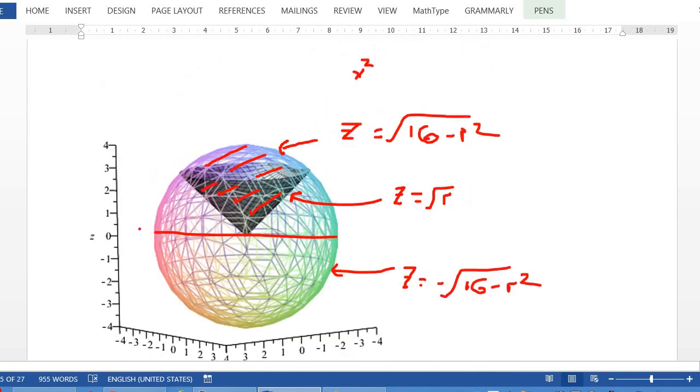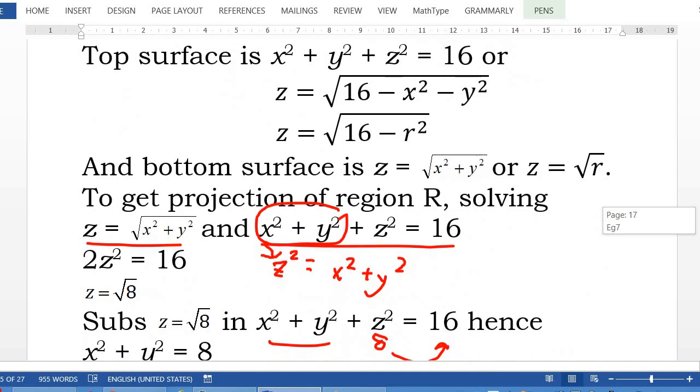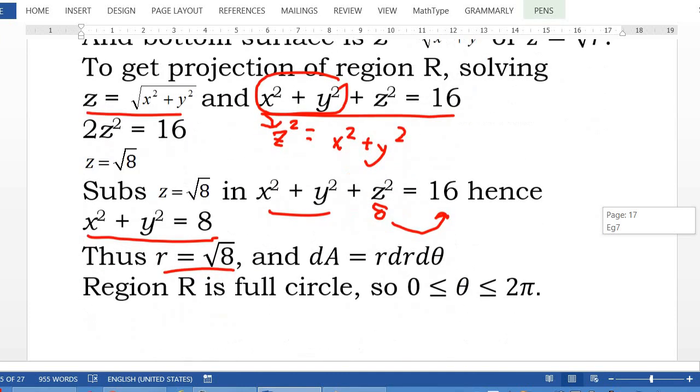Your projection of the sphere gives a bigger circle, r equal to 4. And this smaller circle is what you get when you solve the sphere and the cone equations simultaneously, r equal to root 8.